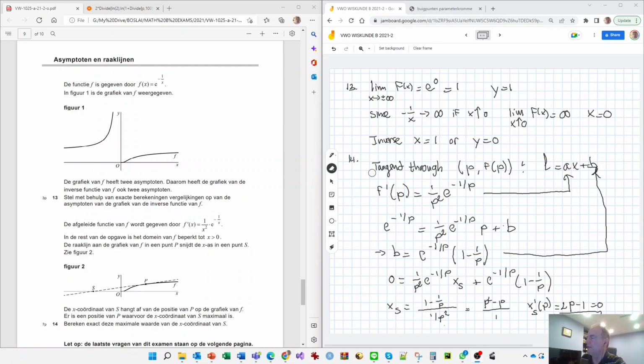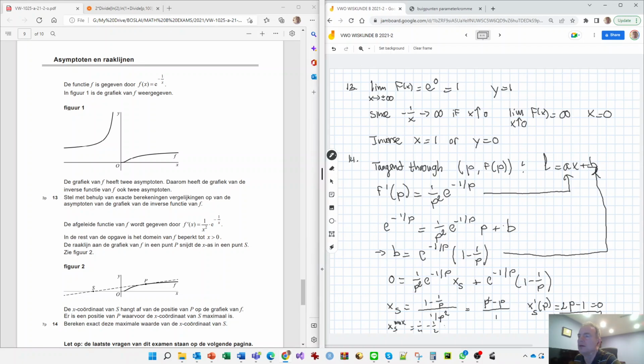Now I need to find the value of xs there. So I get xs max, substitute this in, I get 1/2 squared minus 1/2. That is negative. How come? Let's just double check everything here.